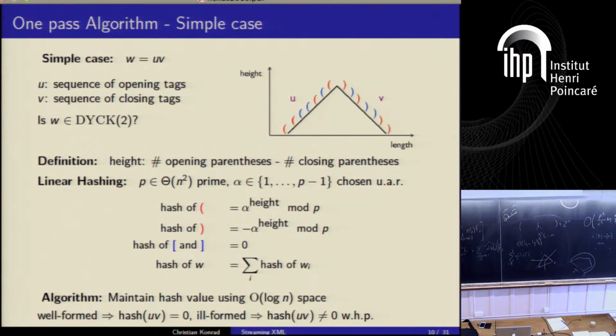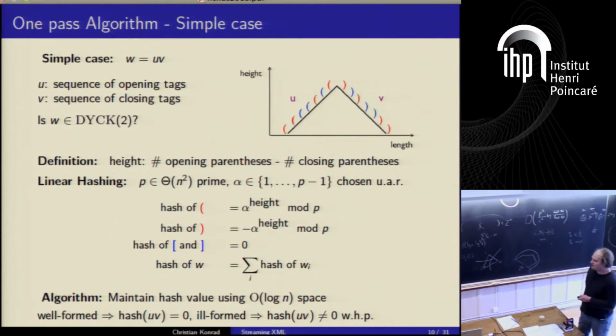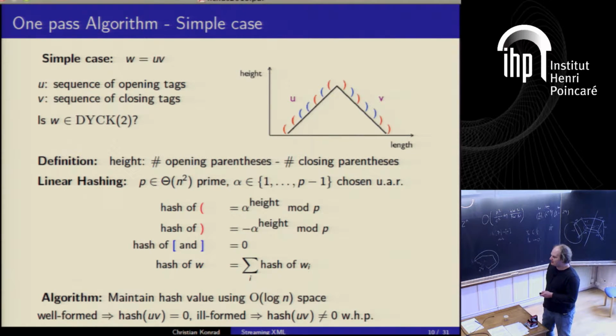So this is very much related to the equality problem in a communication setting. And this can clearly be solved with just a polynomial hash function. We take a prime p that's sufficiently large. We compute a hash function where, say, the red parenthesis would be alpha to the height modulo p, where alpha is chosen between 1 and p minus 1.